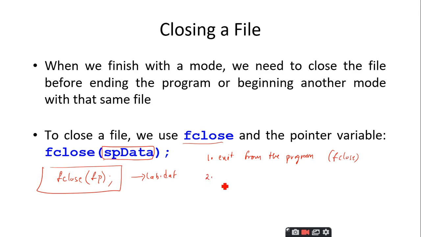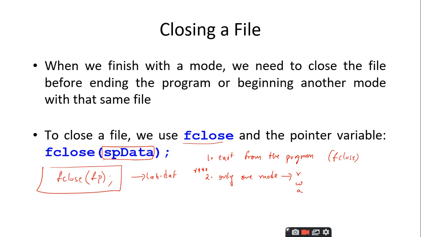And in the second case, remember, a very important point, that when you want to deal with files, always remember that you can open the file in only one mode. That means you can open the file either in read mode or write mode or append mode, or R plus mode or W plus mode or A plus mode.